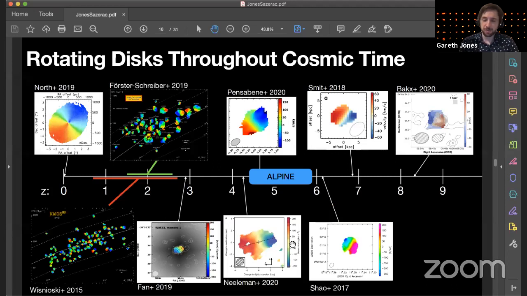This is a 0.2 arcsecond observation of a main sequence galaxy, and I think they were able to detect it. It did take a long time from what I remember though. This is ALMA C2. So instead of 30 minutes, it's going to take 10 hours per source, but it is possible. Okay.